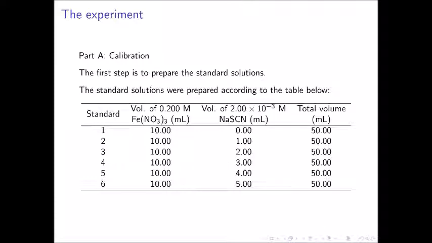Each solution has a total volume of 50 milliliters. Each solution receives the same amount of ferric nitrate, 10 milliliters. The volume of the sodium thiocyanate solution increases from 0 milliliters in standard 1 up to 5 milliliters in standard 6.